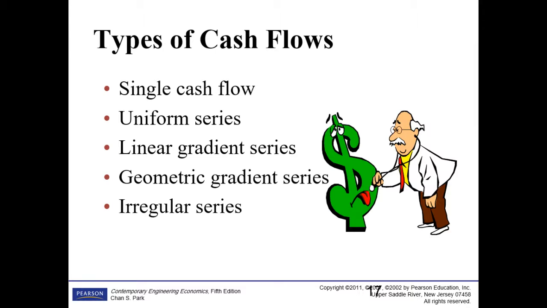This is one scenario, we call it a single cash flow. In order to solve these questions, you first have to understand this very important step. What is the type of cash flow given in front of you? Is it a single cash flow? Is it a uniform series? Is it a linear gradient series, or a geometric gradient series, or is it an irregular series? Is it clear?